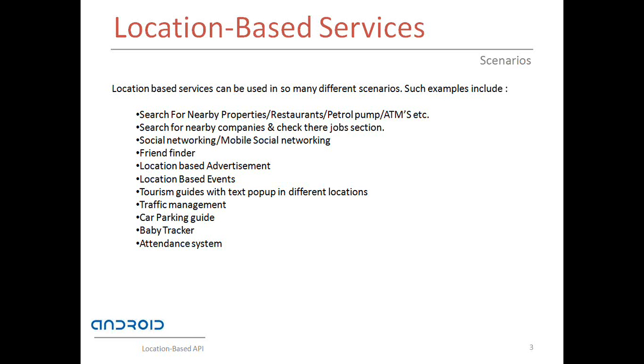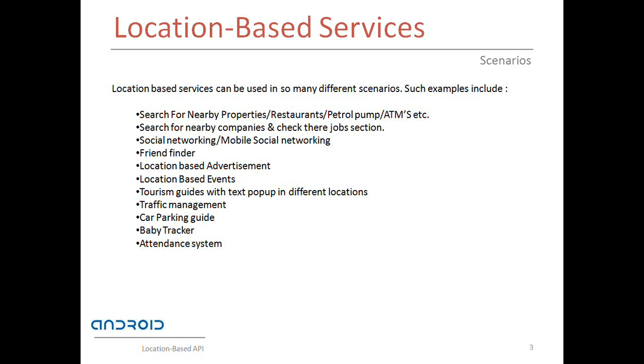Similarly, the attendance system. If the employees have a location-based service enabled application, their attendance can be automatically marked by using the LBS feature. If the employee is entering the location of the company, that means the application the employee is using would have the same lat long, or near about the lat long, of the company.